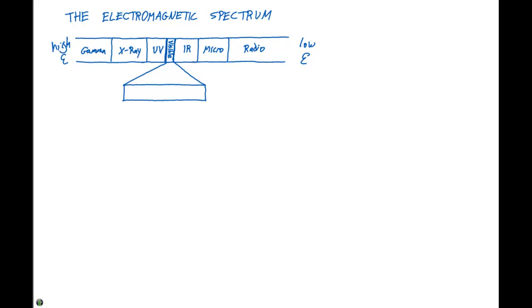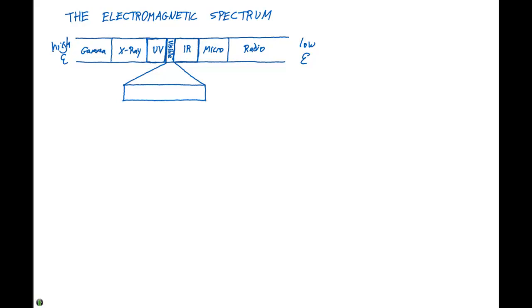And in terms of putting visible radiation into order of energy, remember that we have ultraviolet rays over here on the left and infrared radiation over here on the right that straddle the visible spectrum.